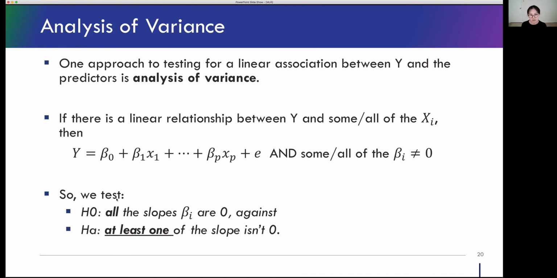The hypothesis test we're doing is that H0 is that all the slopes, beta i, are 0, against the alternative hypothesis that at least one of the slopes is not 0. So this is what we are testing.